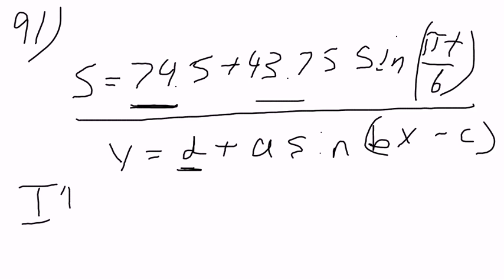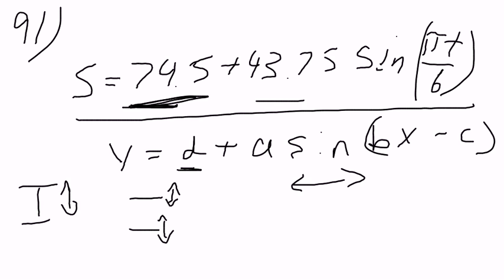D was this, moving up and down, right? The distance stayed the same. A was these two moved up and down, right? That would be like amplitude, like an accordion up and down. B changed the distance this way and back, and then C shifted the whole thing left and right.